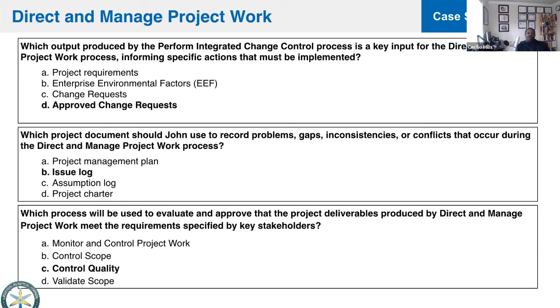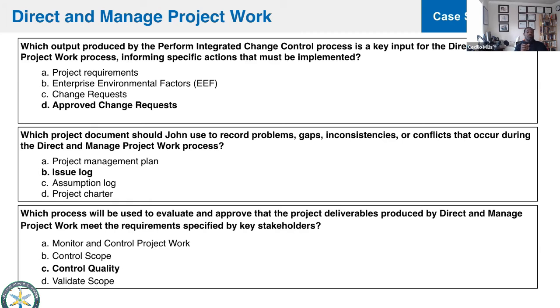there is an issue log and there is a change log for PMI. And I just want you to know that there's sort of a blend of the two. If they describe the fact that there's an issue with one of the project objectives or with one of the project deliverables, there's an issue with the project deliverable and it needs to be fixed.